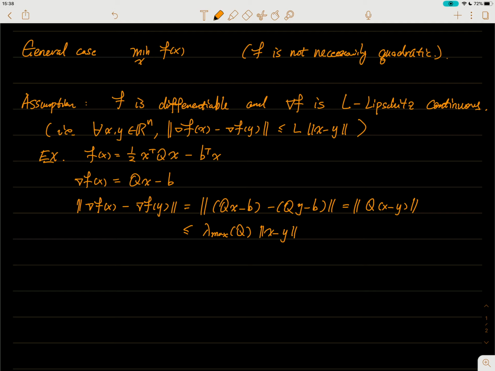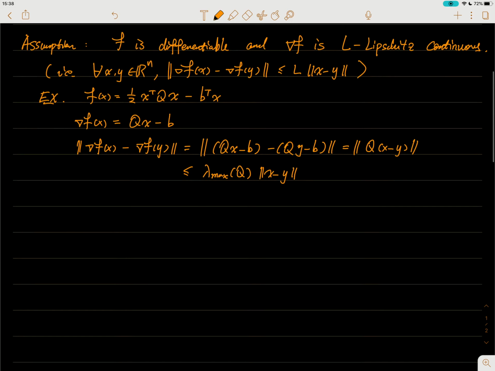Okay, so first I will need to prove a general result, a lemma, to show this. So first, a lemma. Suppose the gradient of f is L-Lipschitz continuous.